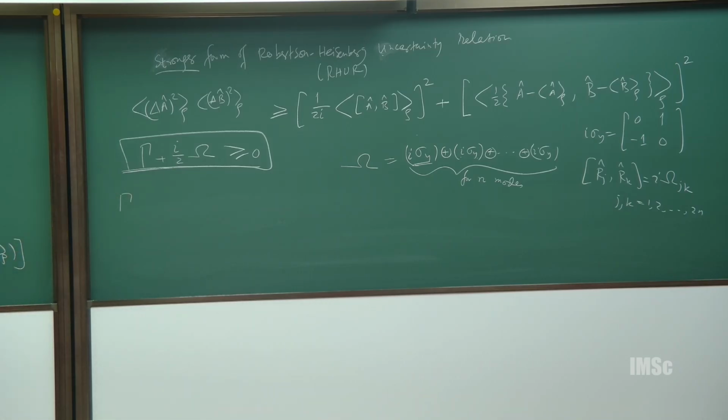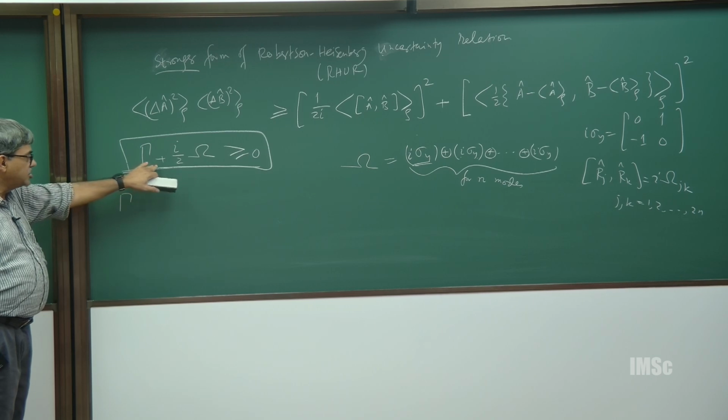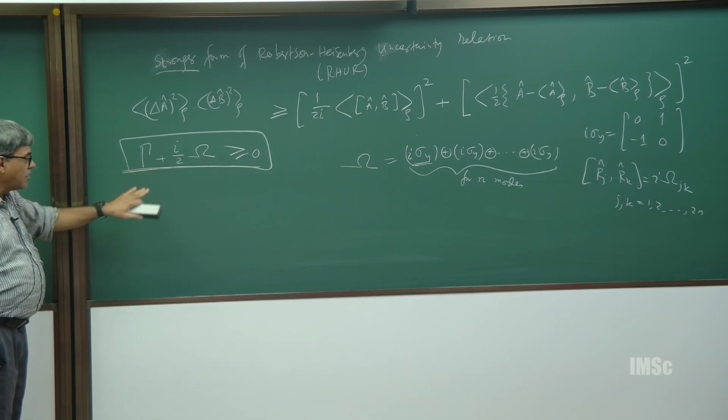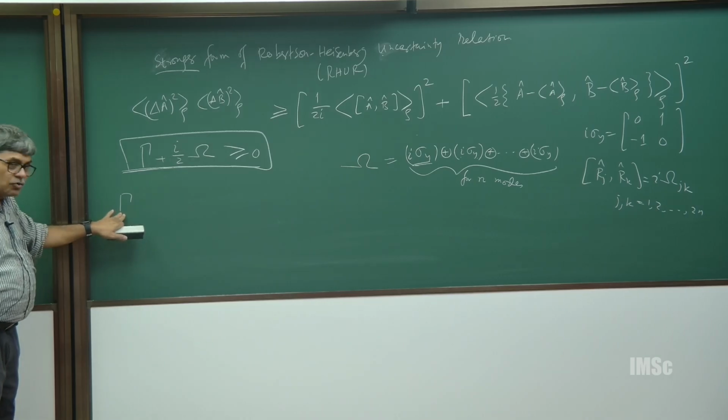So for Gaussian states this is both ways true, that means this is a necessary and sufficient condition. If I provide you a 2n by 2n real symmetric positive definite matrix satisfying this condition, then you can find an n mode Gaussian state having this as its covariance matrix.